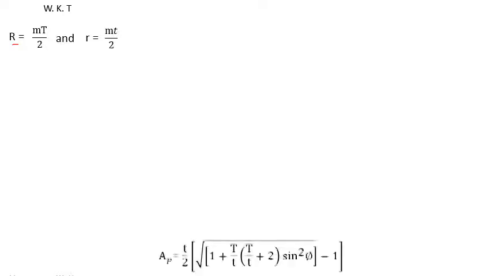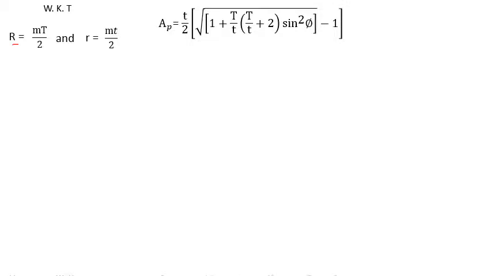And we know that module can be written as capital D by capital T. Therefore, radius can be written as mt divided by 2. Small r is equal to small mt by 2. The above equation becomes after considering this value mt by 2. So here also we have a module, here also we have a module, get cancelled.